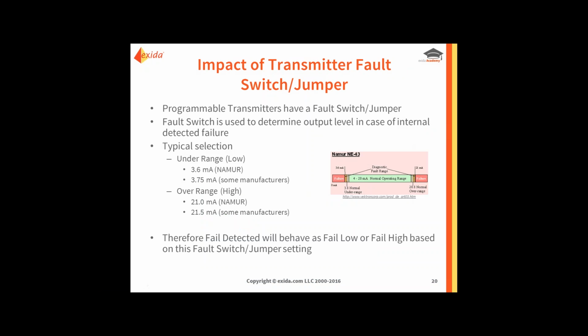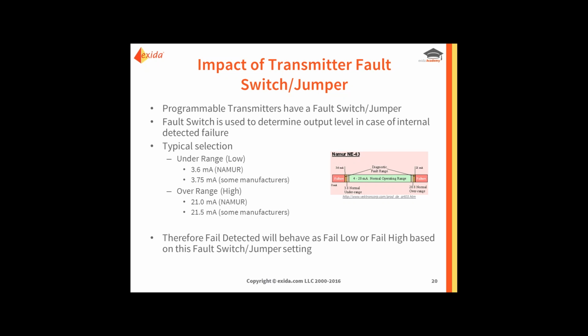All right. The next parameter that we need to consider is actually within the transmitter itself. Your transmitters can be configured to either drive the output to a predefined overrange state or a predefined underrange state in case of an internal detected failure.